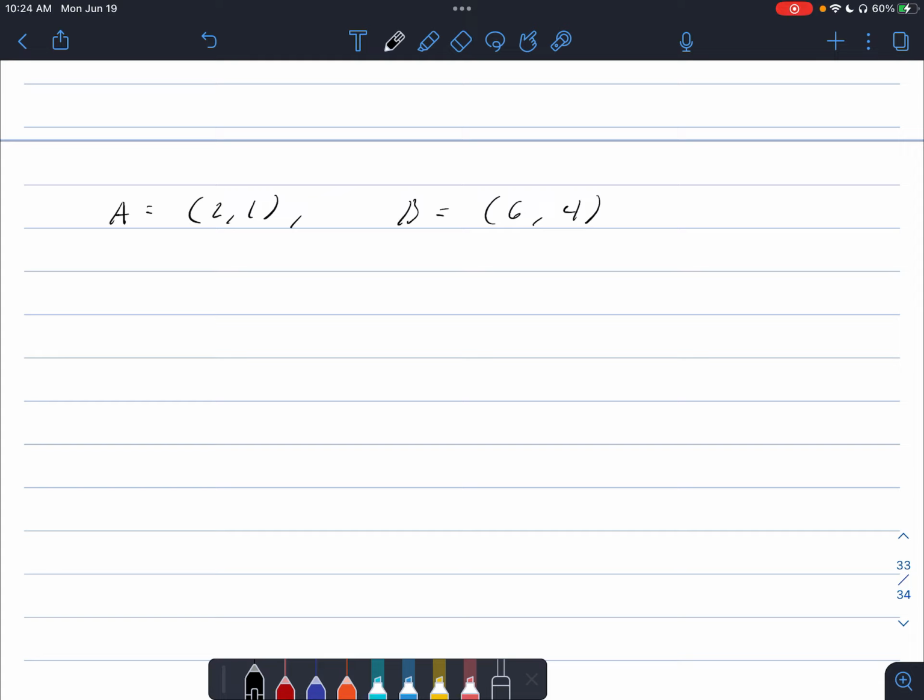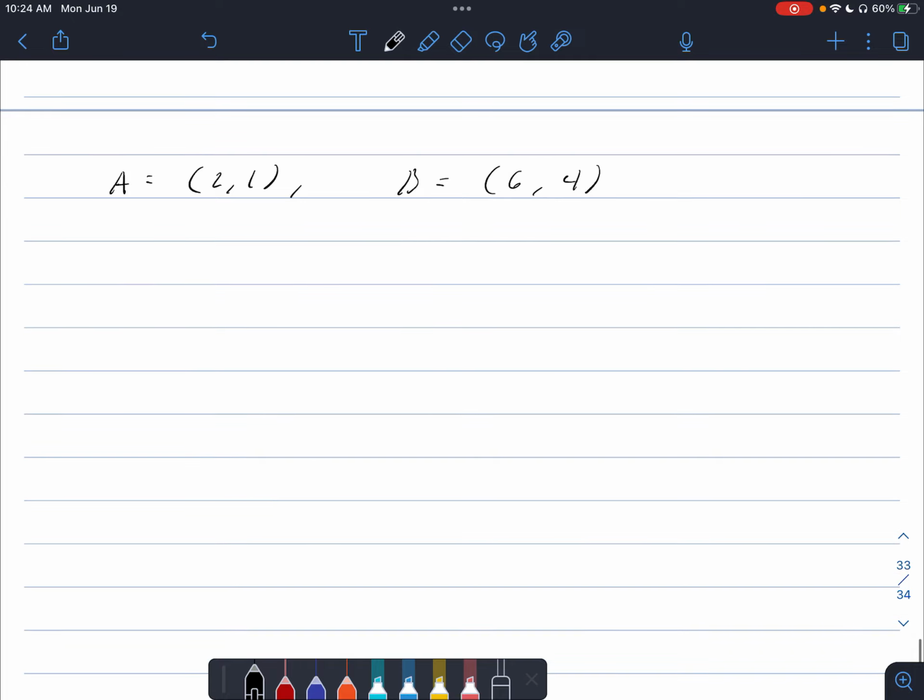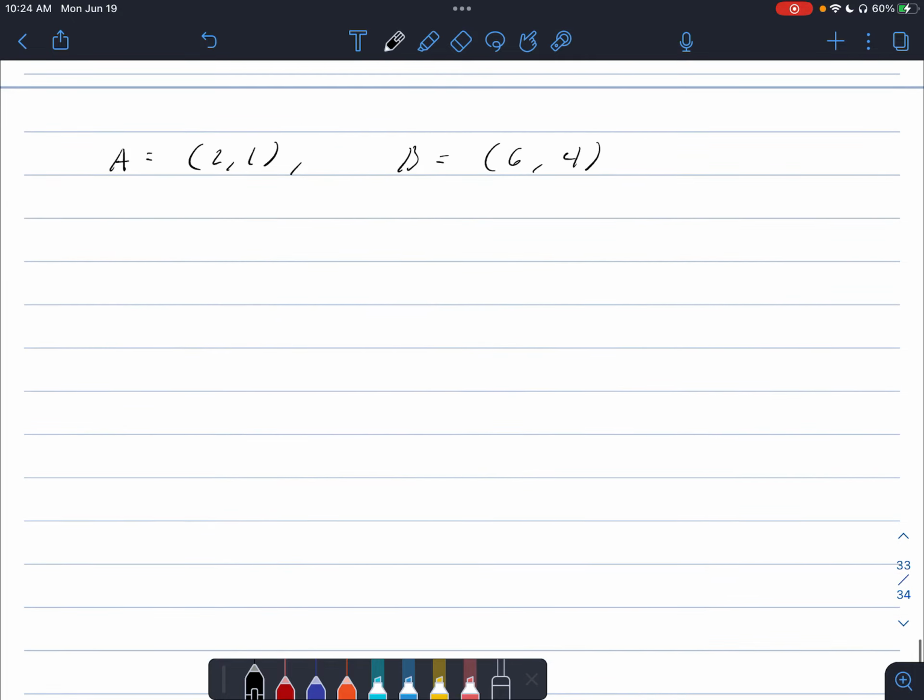Okay, it might be kind of hard to do that since they're not all on the same axis. So we have to use our distance formula. All right, so we'll label our x1 and y1 and our x2 and y2. So we'll say 2 is x1 and 1 is y1. And then we'll have 6 is x2 and 4 is y2.